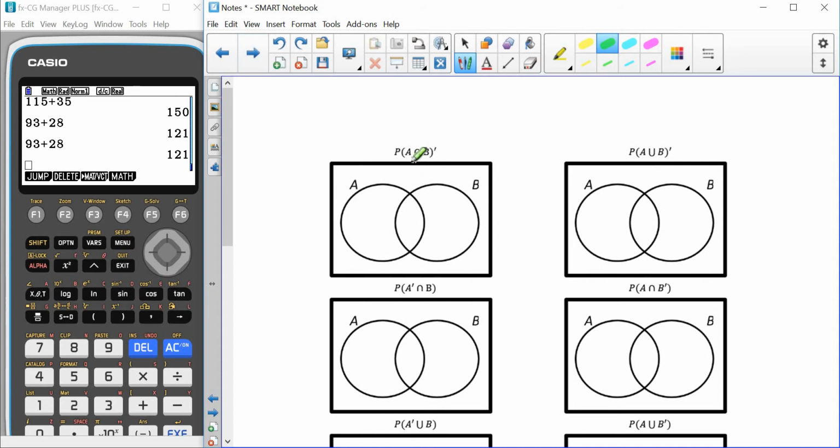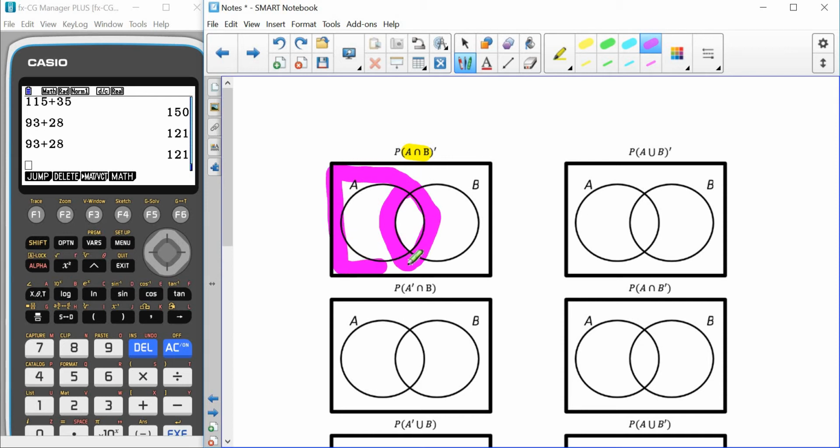Next, we're looking at not (A and B). So if we remember before, A and B, so just this middle bit here, was representing this bit here where both of the circles overlapped. Let me just rub that out now, that was A and B. If we're now looking at not (A and B), that means everything apart from that little section in the middle.